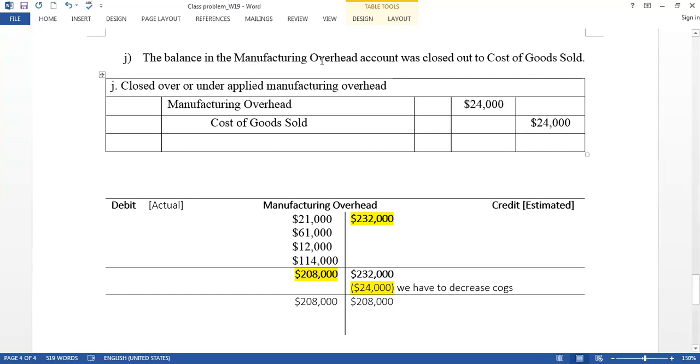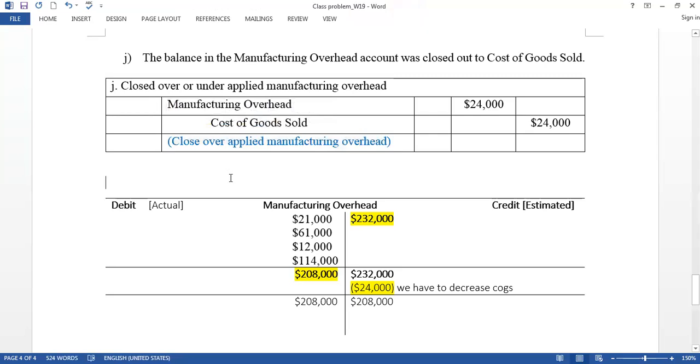And the narration is close. Before, you applied an over amount. Before you applied an over amount, now you close this. You close this over applied.